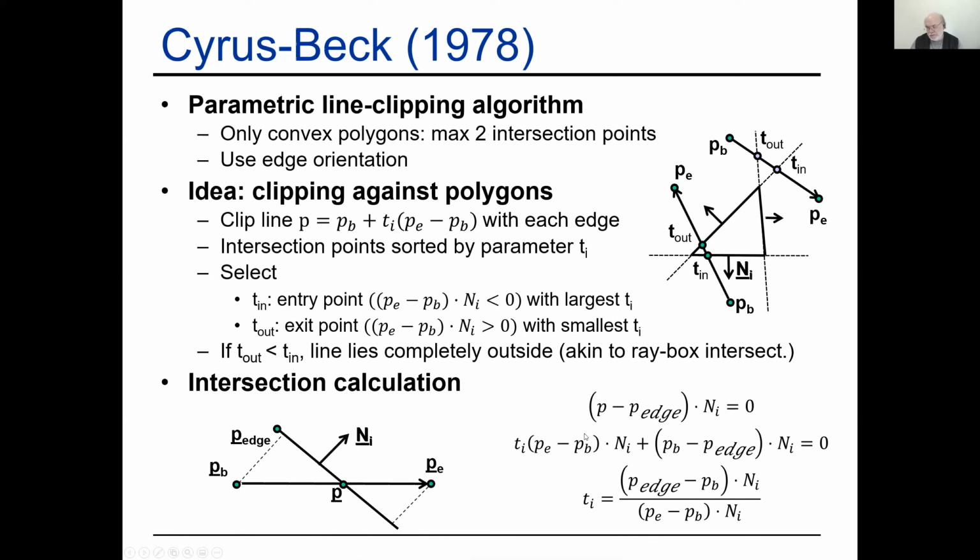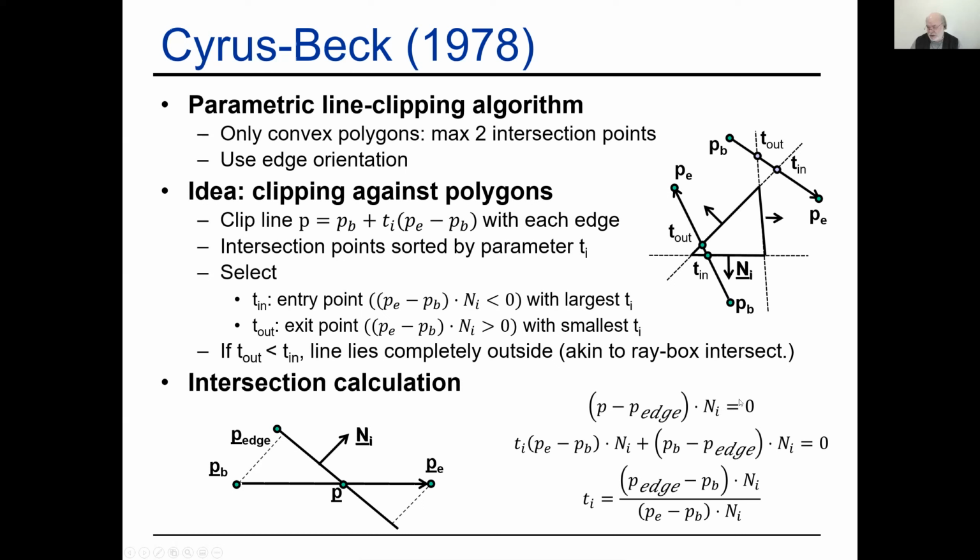So, right, the implicit representation of the points on an edge here is: if the point P is on the edge, if the difference from P to any point on the edge, the dot product with the normal vector is 0. So, right, then this vector on the edge is orthogonal to the normal vector.